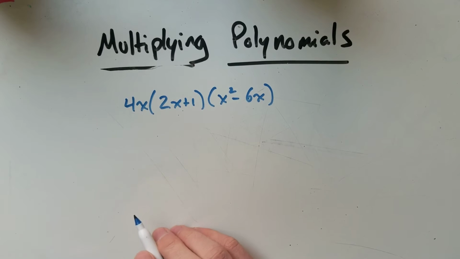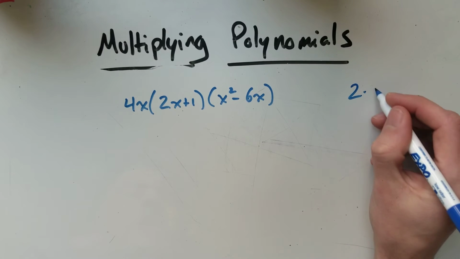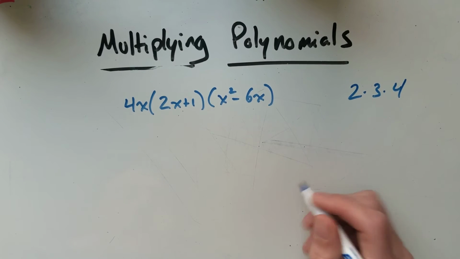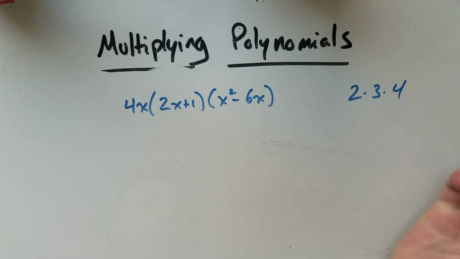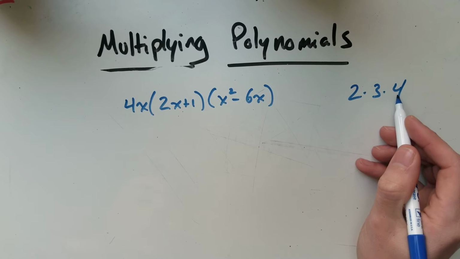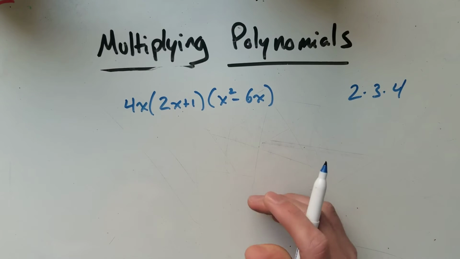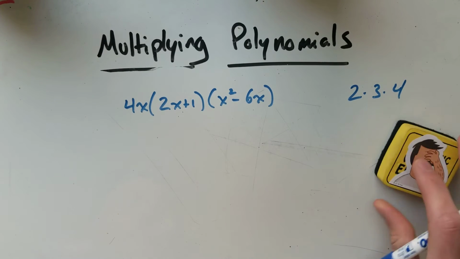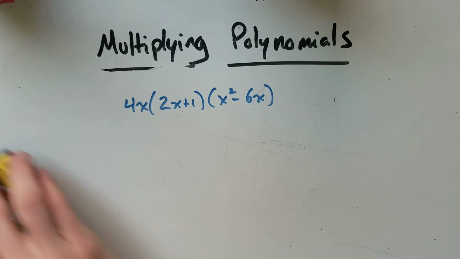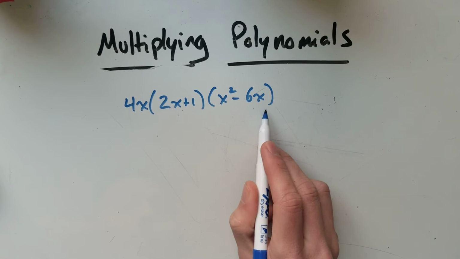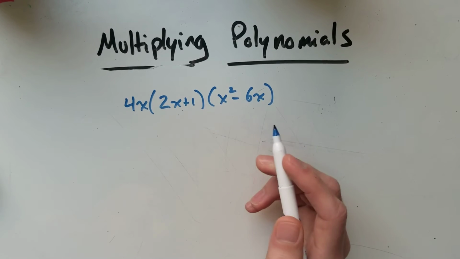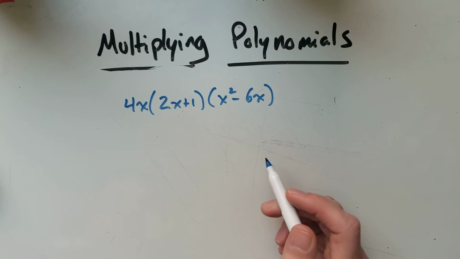But it's the same idea as if you were doing 2 times 3 times 4. You could do 2 times 3 and get 6 times 4 and then get 24. Or you could do 3 times 4 and get 12 and then multiply by 2 and you'll end up with 24. Remember, with multiplication, the order doesn't matter. So you can do the monomial times the binomial and then multiply, or you can do the two binomials first. It's really your choice. I'm just going to go from left to right.